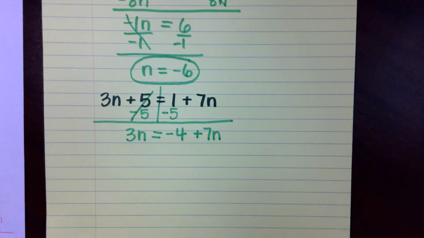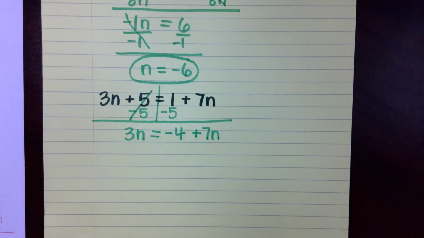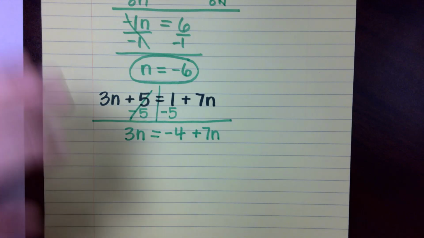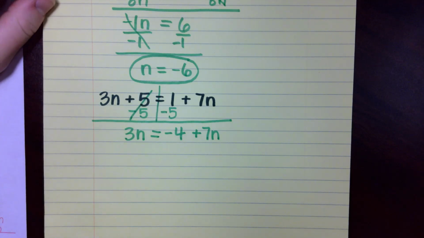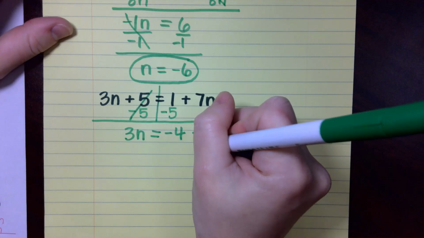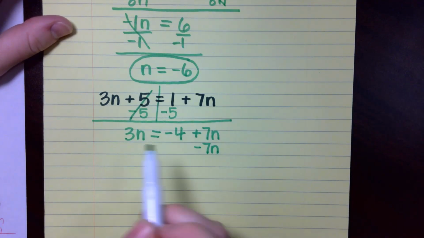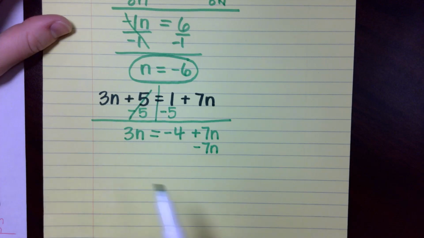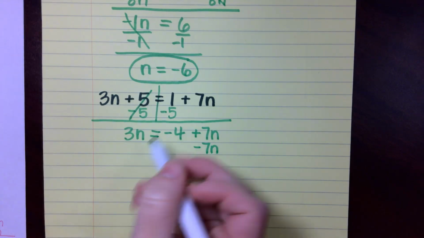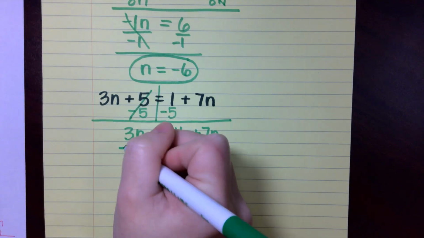All right. What should I do next? Subtract the 7n. Yes. Why are you subtracting 7n? Because they're both like terms. We want to get our n's all on the same side. So to do that, we've got to add or subtract them to get them over to the other side.